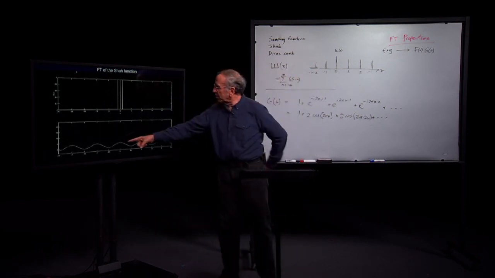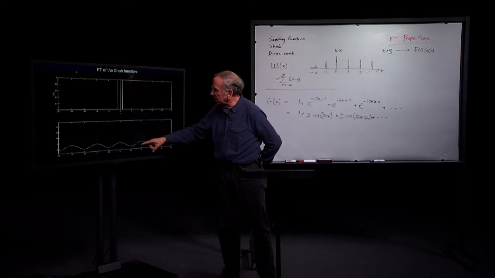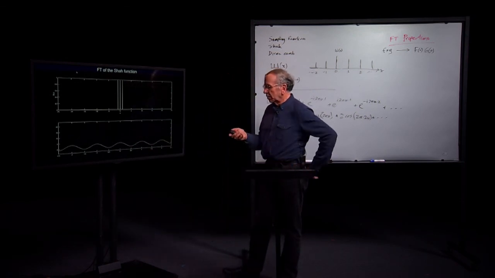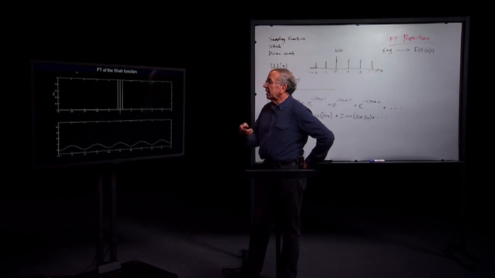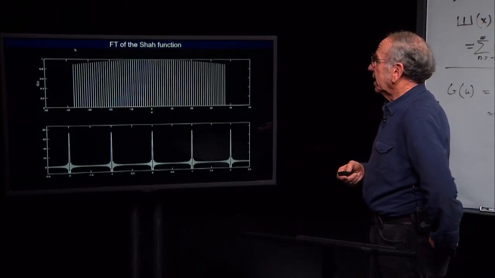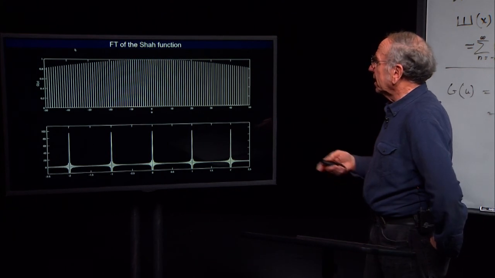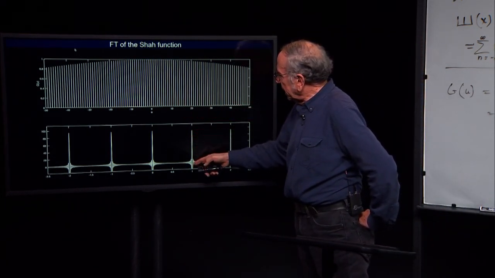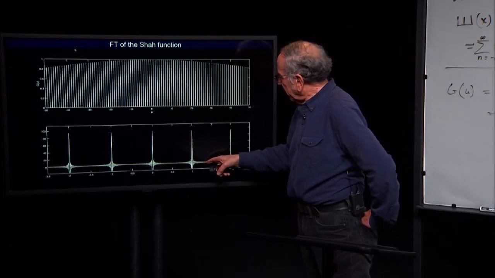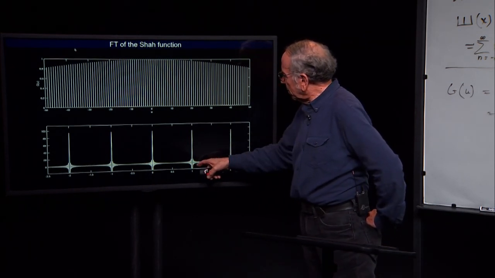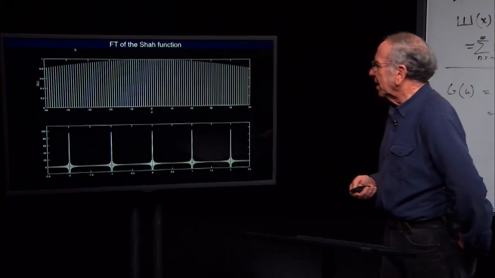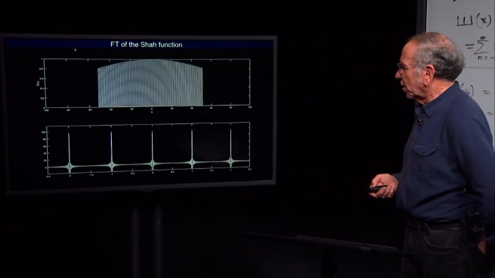It's 1 plus 2 times the cosine, with the cosine having a period of 1 unit. Then I add in some more delta functions, and I get this cosine sharpening up, and I have a value close to 0 in between, and I have this delta function-like thing that is getting very narrow and sharp.